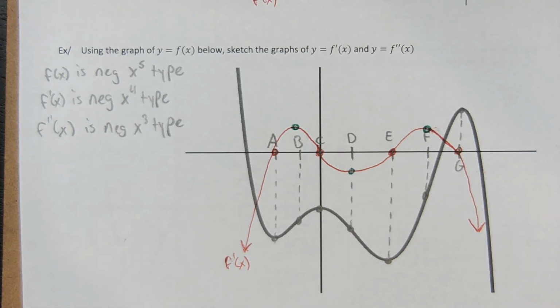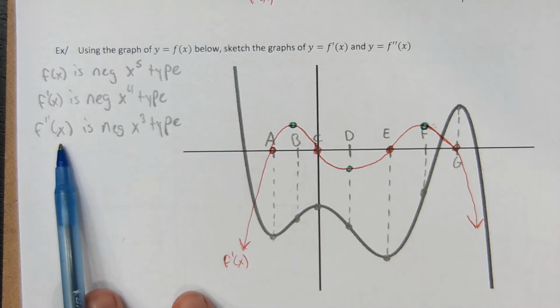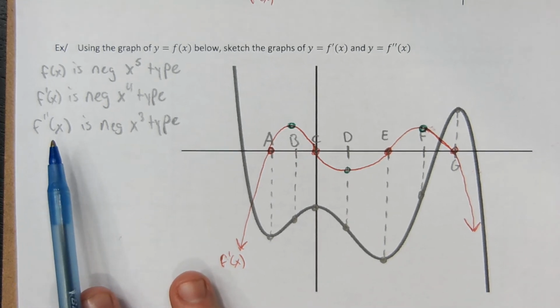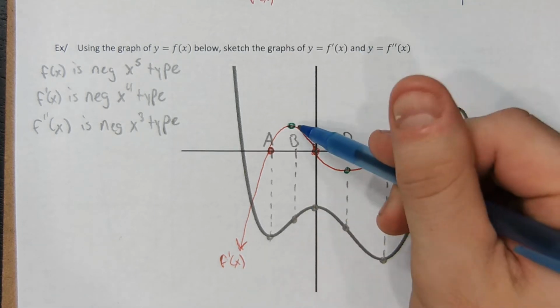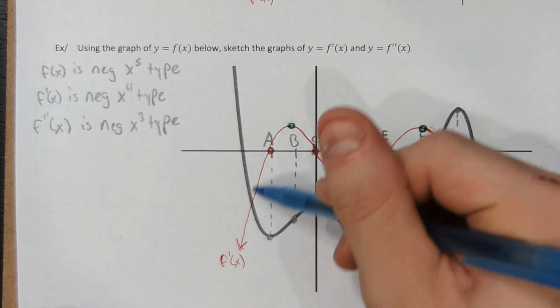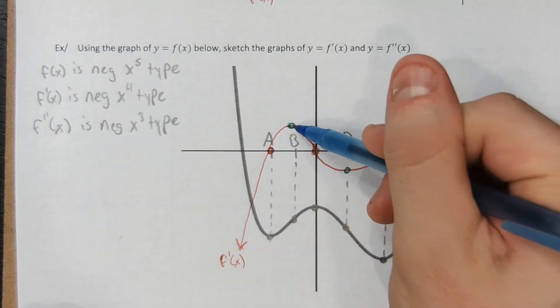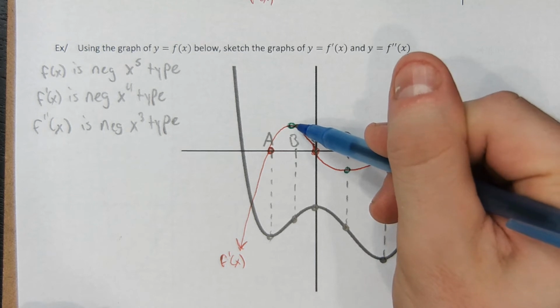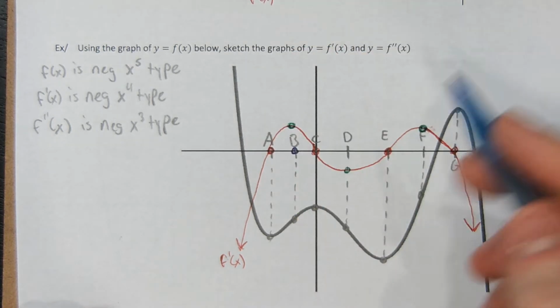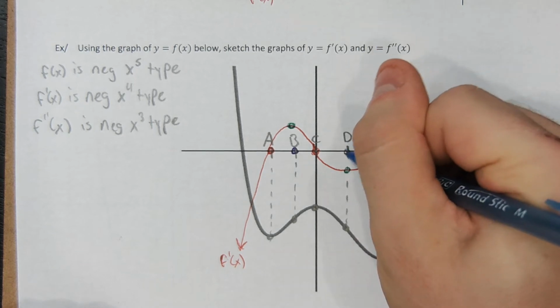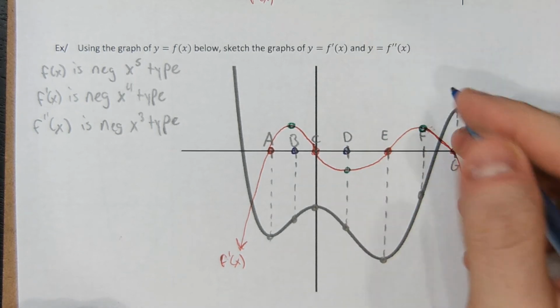So this f double prime of x, remember, its y values are the slope values of f prime. So since this thing has a flat spot, its slope, derivative, gradient, whatever you want to call it, is 0 here. 0 here. 0 here.